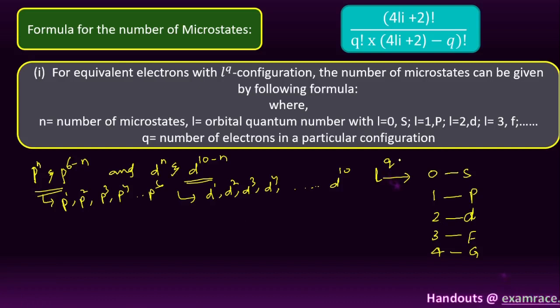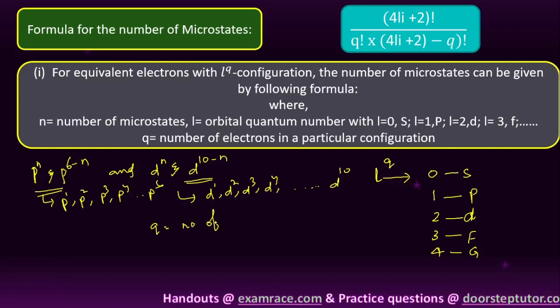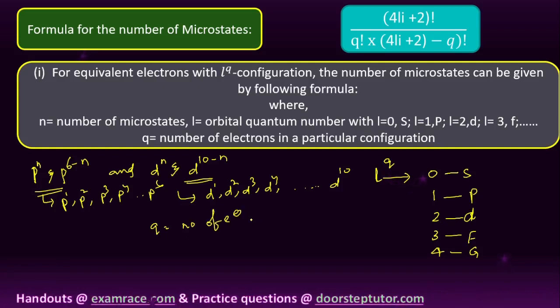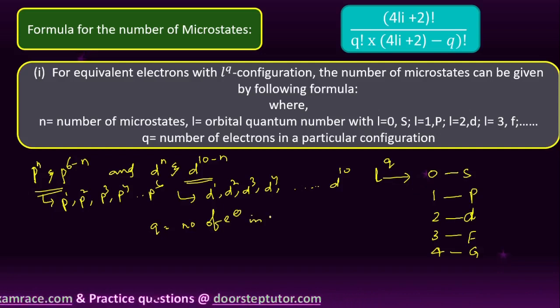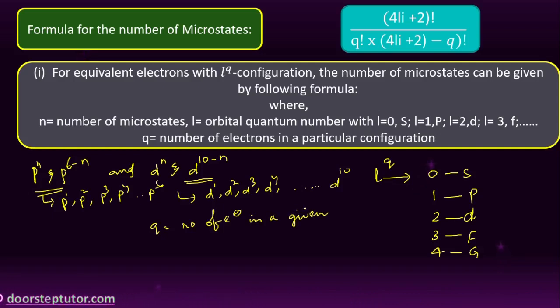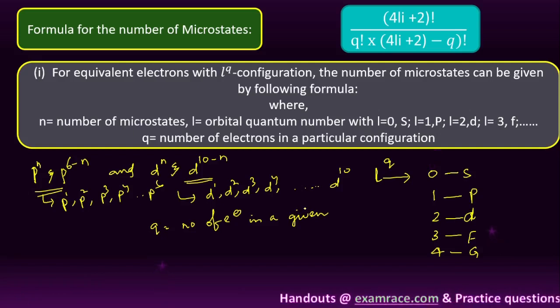Q means the number of electrons in a given configuration. By using the formula, student, we will calculate the number of microstates of various configurations one by one.